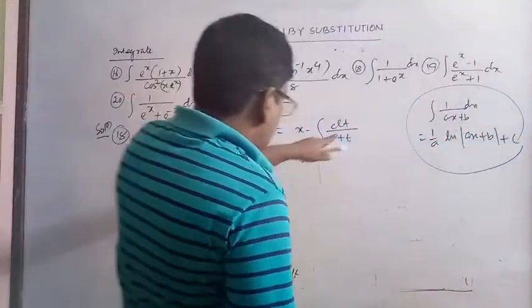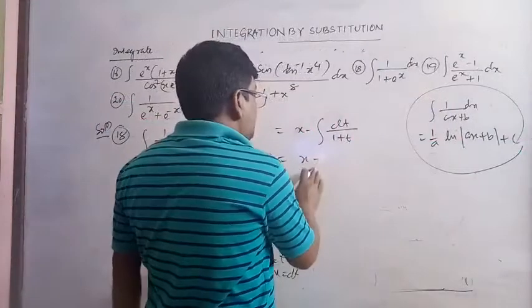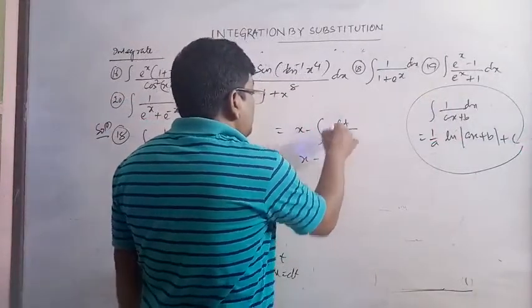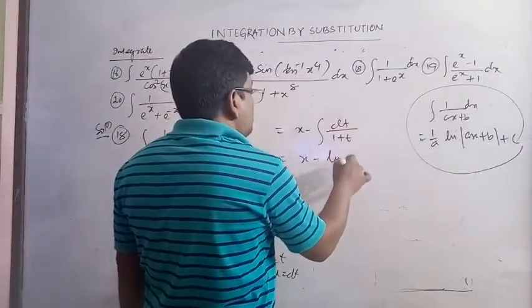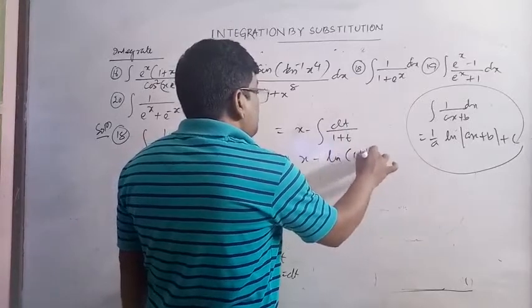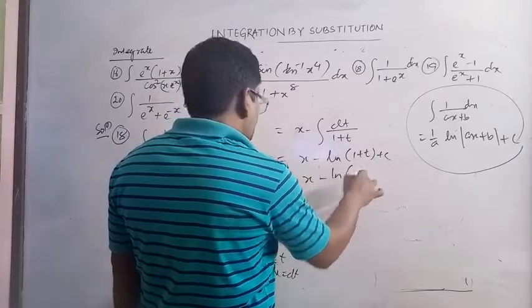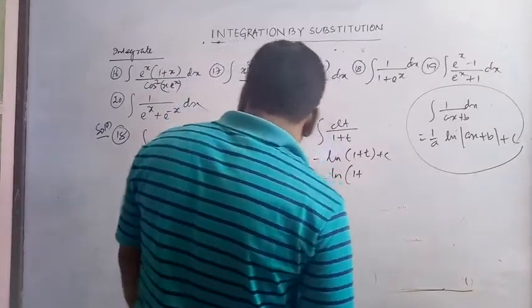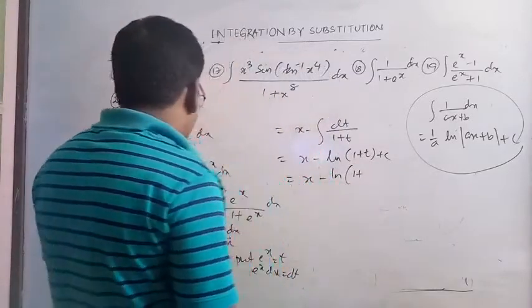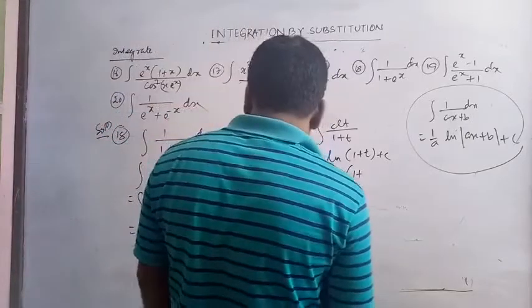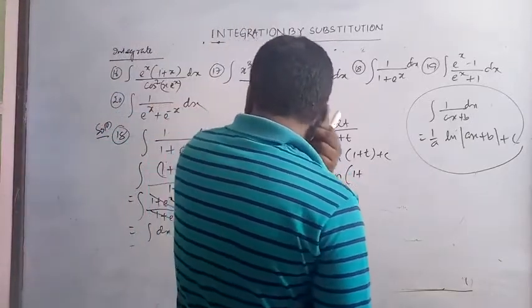Here the coefficient of t is 1, so it is 1 by t by the formula. So we get x minus log of 1 plus t plus c. T is equal to e to the x.